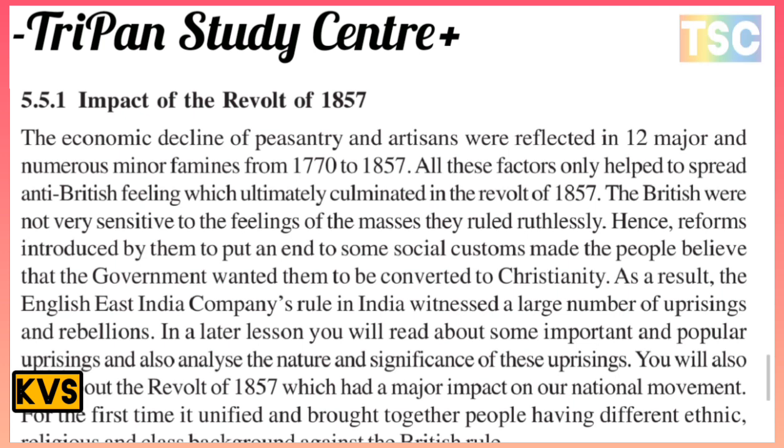The economic decline of peasantry and artisans was reflected in 12 major and numerous minor famines from 1770 to 1857. That is important. All these factors helped to spread anti-British feeling, which ultimately culminated in the revolt of 1857.